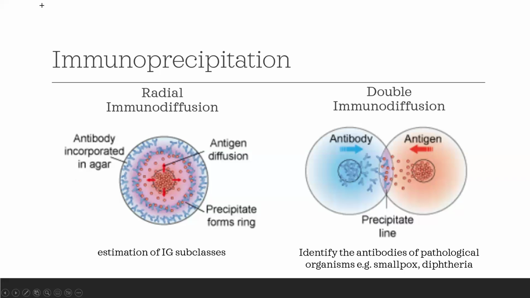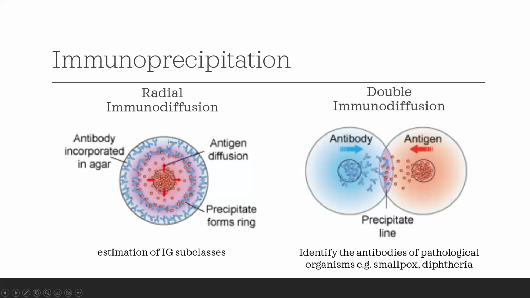For the radial immunodiffusion, as we can see from here, just very briefly to introduce, we have an agarose gel, like a disc, and the antibody is everywhere in this disc, and there's a hole in the center. I'll put an antigen here.